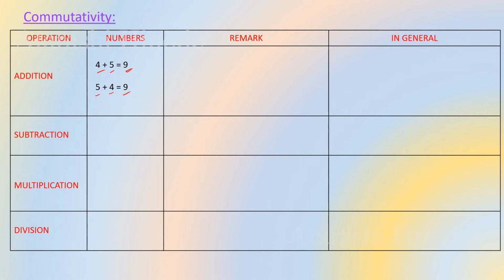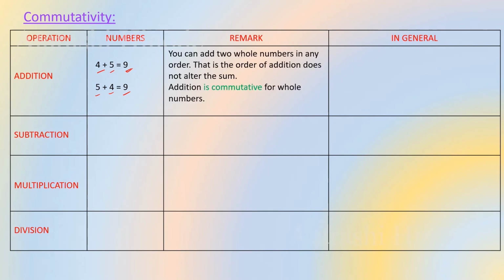Even when we change the order of the numbers, here we got the same answer. So addition is commutative for whole numbers. In general, if a and b are two whole numbers, then a plus b equal to b plus a.